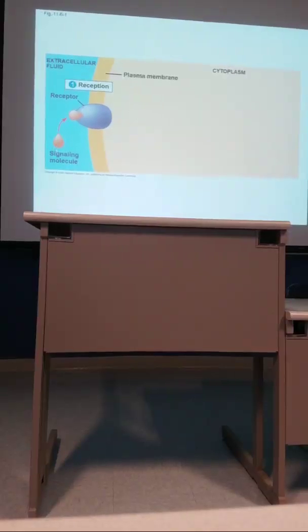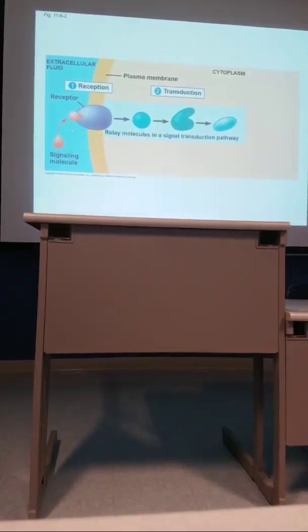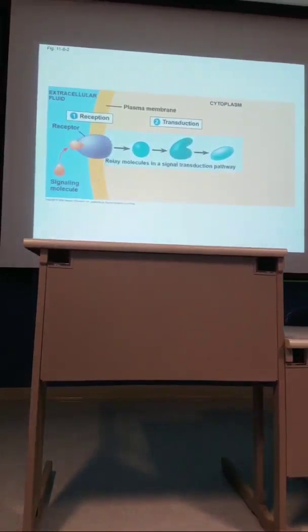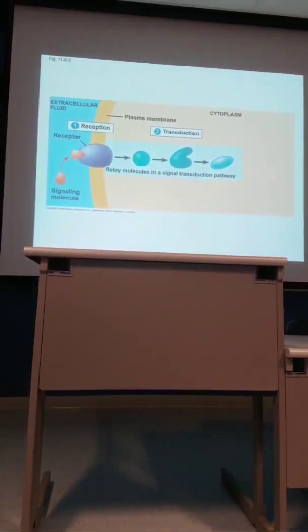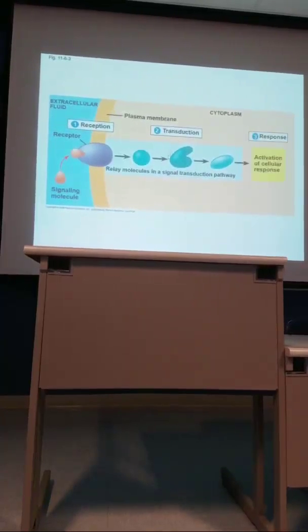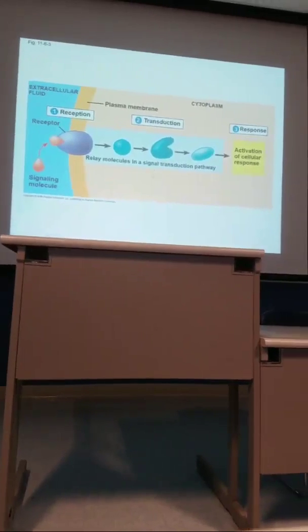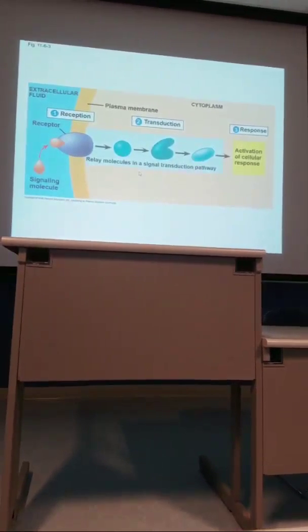Here is an example. You've got a signaling molecule, here's a cell with a receptor. Whenever that receptor is stimulated by that molecule, it will start to release molecules down that transduction pathway, and then it will give a cellular response, whatever that response is.